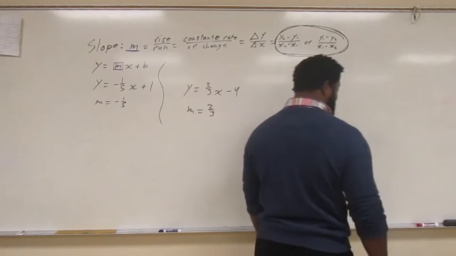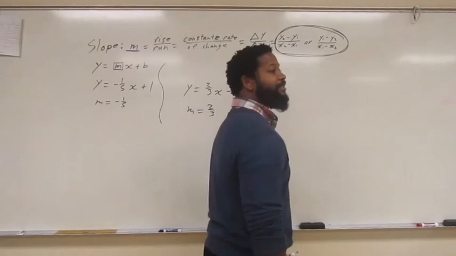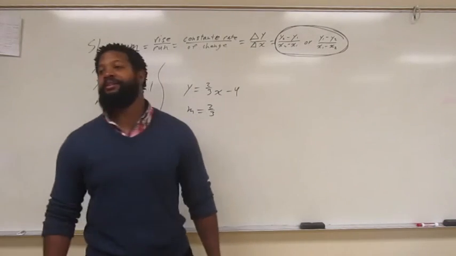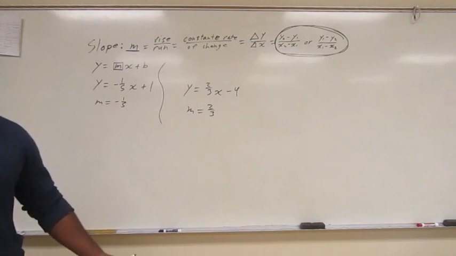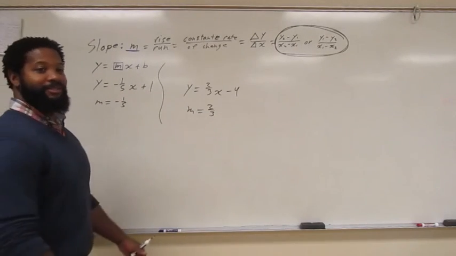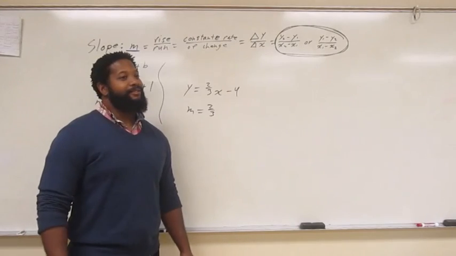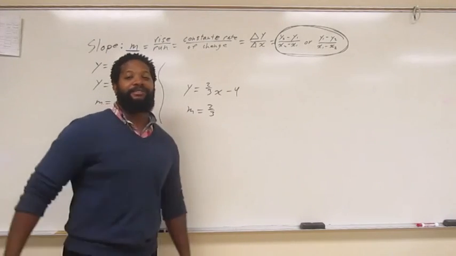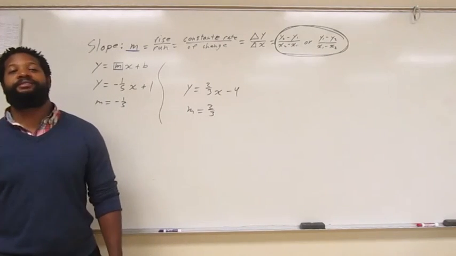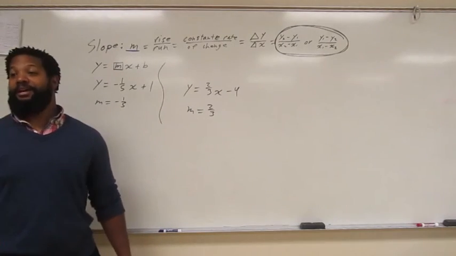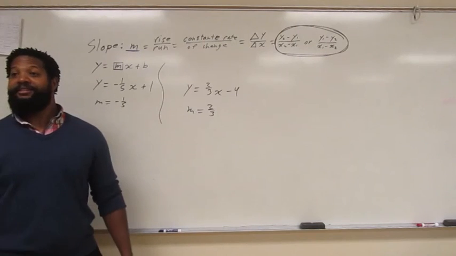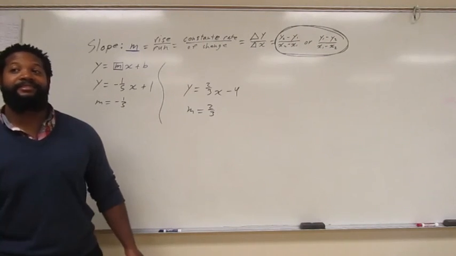Find the slope of a parallel line. Parallel lines, what is the main definition of a parallel line when dealing with slopes? Parallel lines will never touch each other, which also means, what do they have? They're the same. Same what?